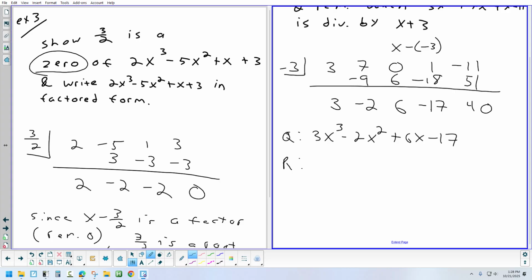What's my remainder? 40. There's your answer. Any questions on that? If you notice, when you do synthetic division, it takes up a lot less space than long division. Long division kind of just keeps going down and to the right. This is pretty much contained in that one area right there.